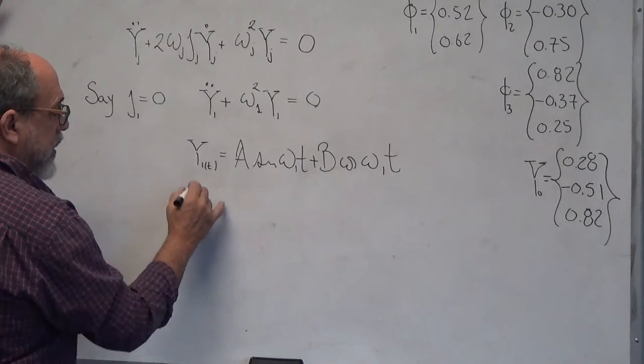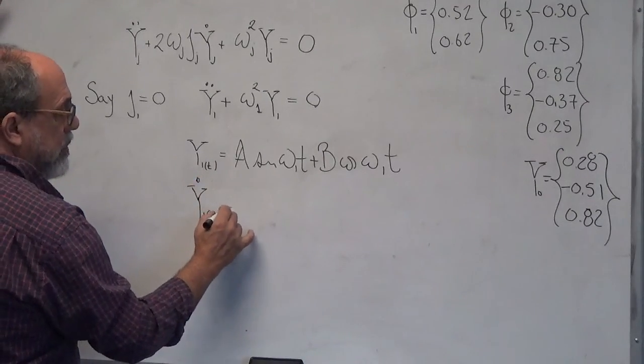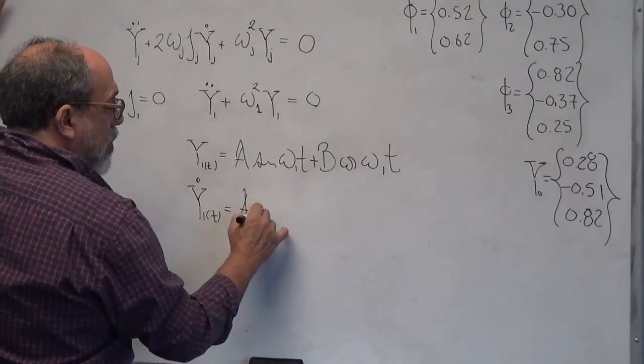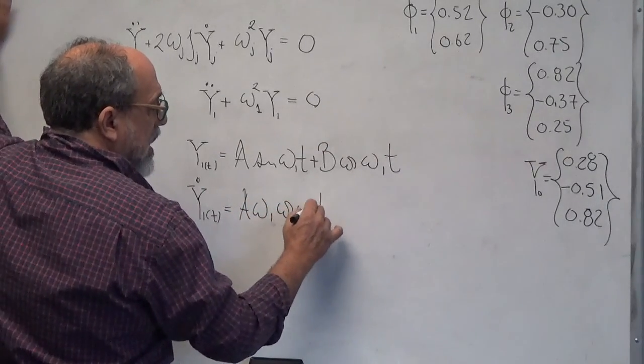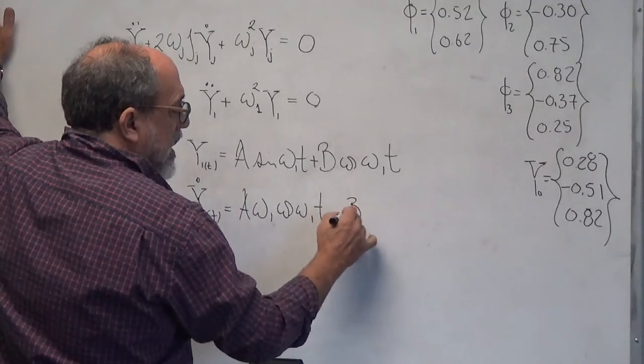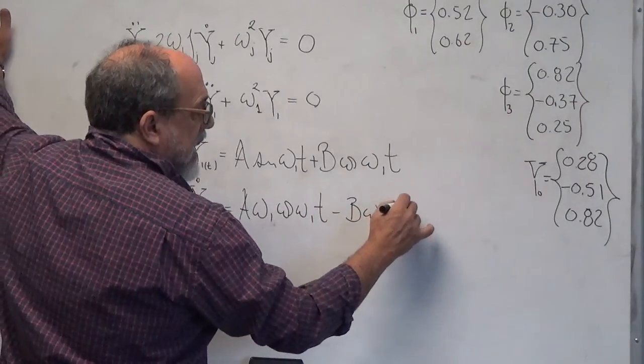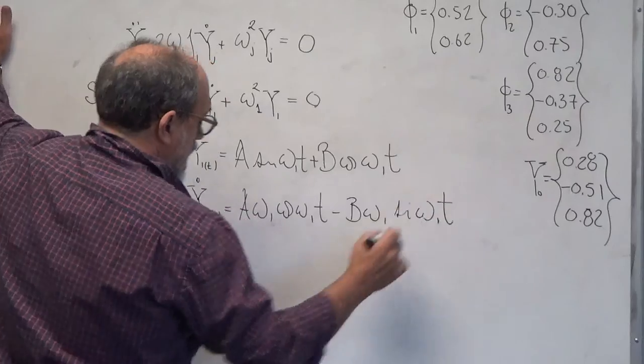And y1 dot of t would be equal to a omega 1 cosine of omega 1 t minus b omega 1 sine of omega 1 t.